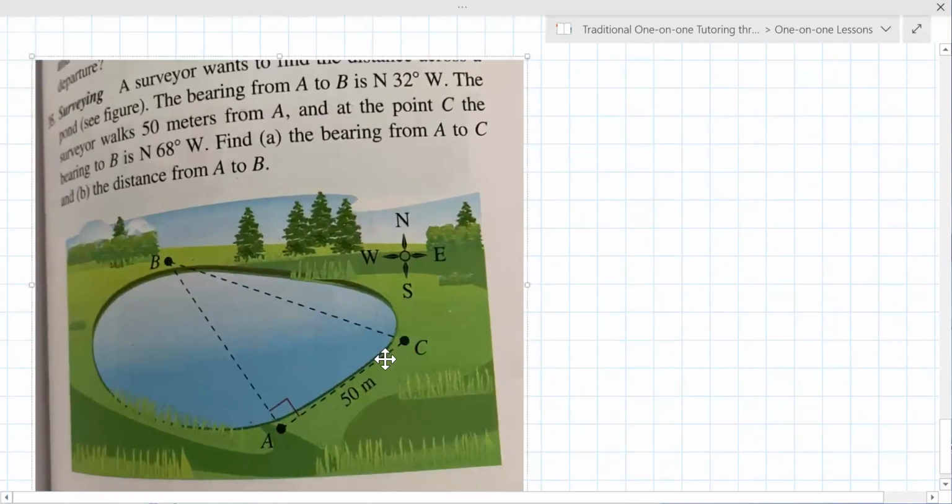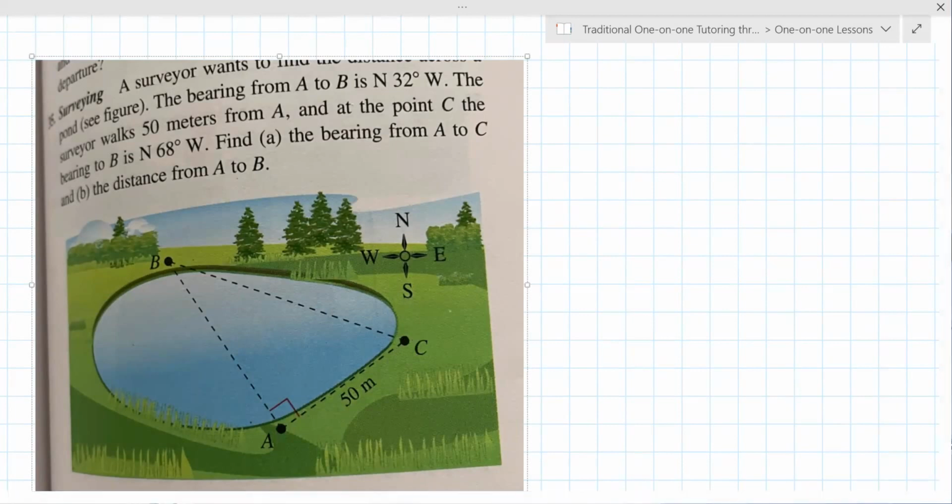All right, so the bearing from A to B is north 32 degrees west. I don't know what that means. The surveyor walks 50 meters from A to C, and the bearing is north 68 degrees west.